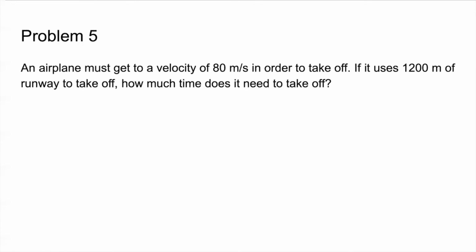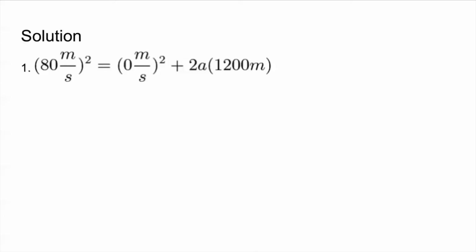Here's problem number 5. The solution will come in 3, 2, 1. So we're trying to solve for t, and we know the initial velocity, the final velocity, and the displacement. So we can use the fifth kinematic equation.